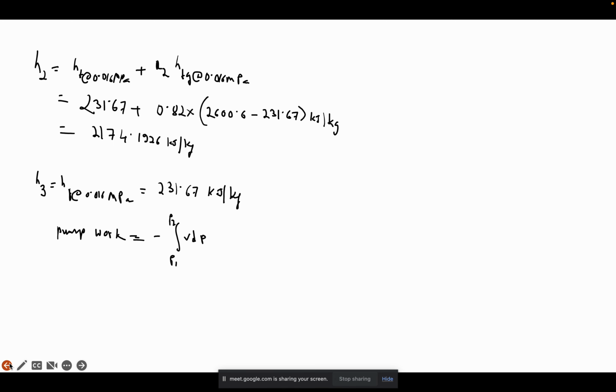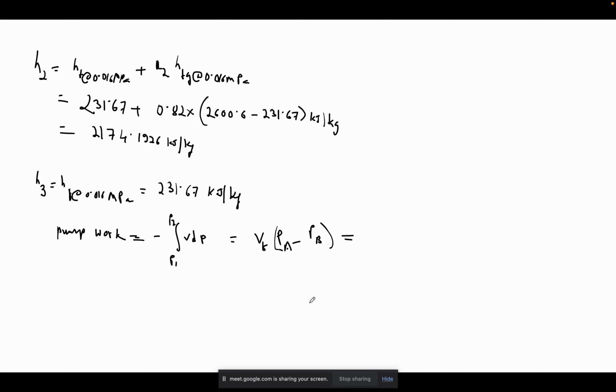So your pump work will be basically VF times (PA minus PB), where P1 is PB and P2 is PA. By putting the negative sign it has already become positive. So this will be your pump work.